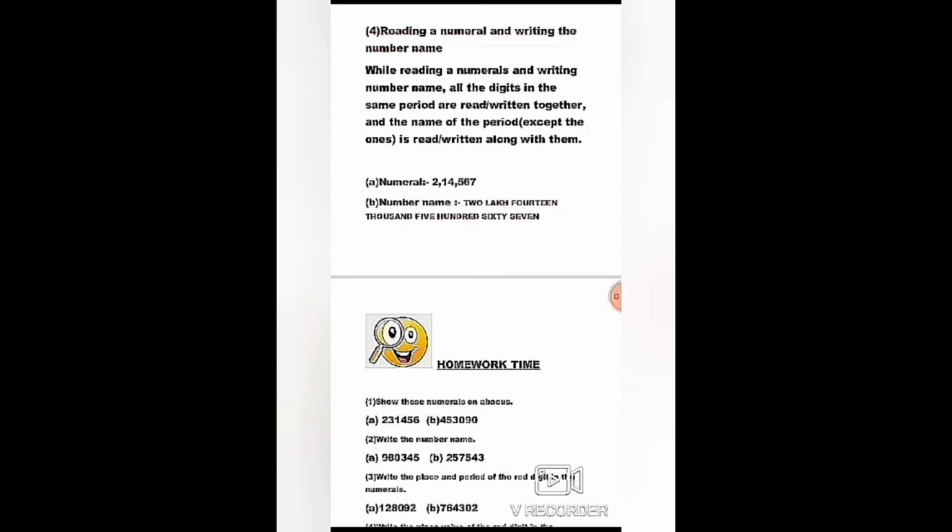So we are writing these two numbers together and writing 14,000, and 5 is on the hundreds place, 6 is on the tens place, and 7 is on the ones place. So we are writing it together, 567, but here we don't have to write ones.